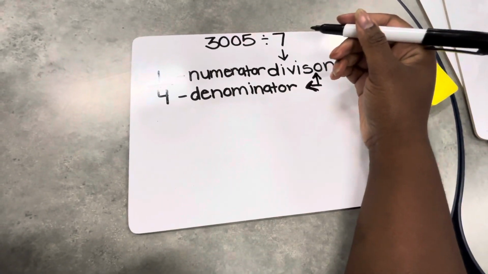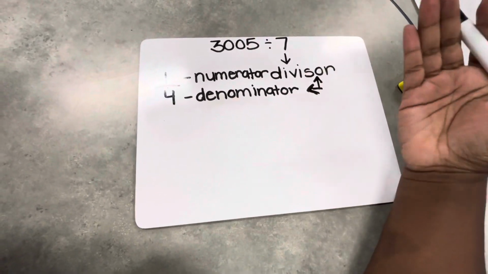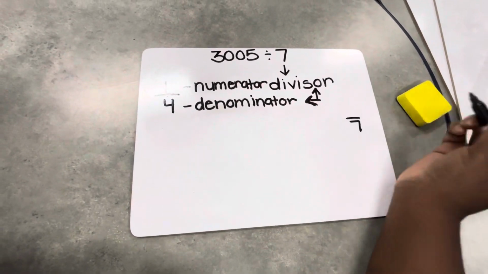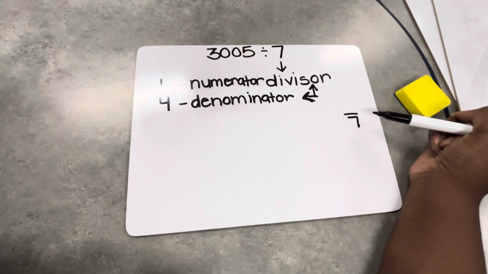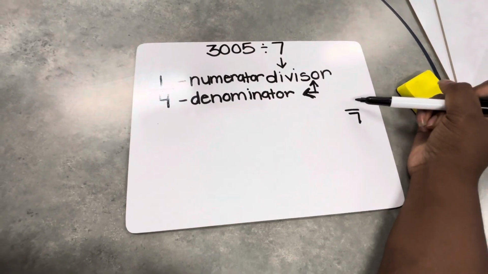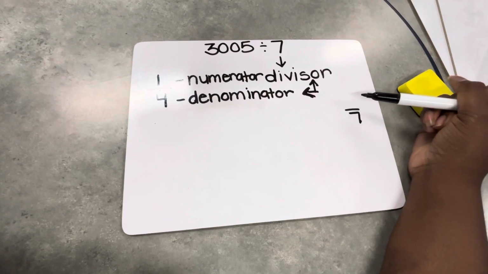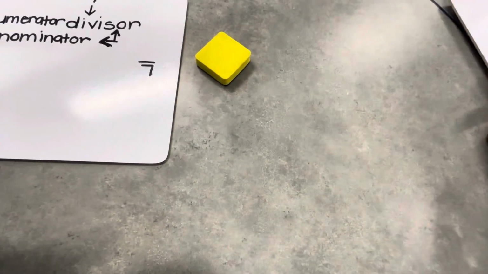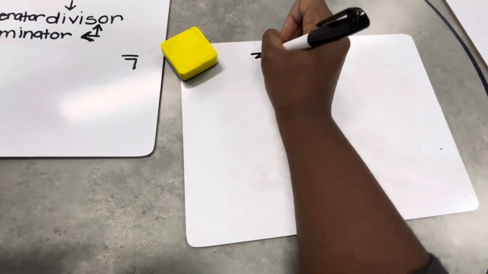So for this equation, we technically already know what the denominator is going to be, because it's going to be 7, okay? We know the divisor is always the denominator. We need to figure out what is that number that's remaining. So for example, we're going to start over. We're going to have 3005 divided by 7.